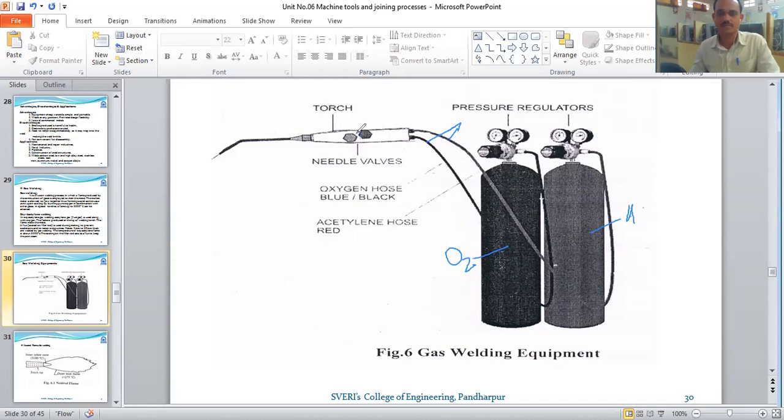Get it? Here we have pressure gauges on the cylinders which show the pressure inside the cylinder. Okay.